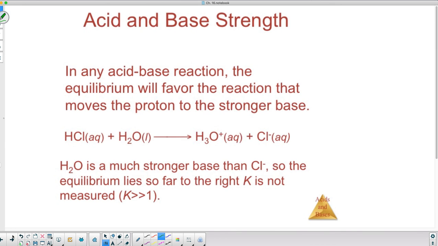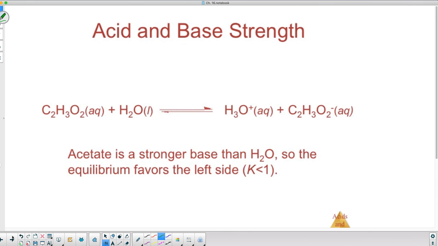Acid-base strength, I just talked about that, lies very far to the right for the K, which means K is much, much larger than 1. Weak acids are different, though, and we'll talk more about weak acids. So acetate is a strong base, stronger than H2O, so the equilibrium favors the left-hand side.